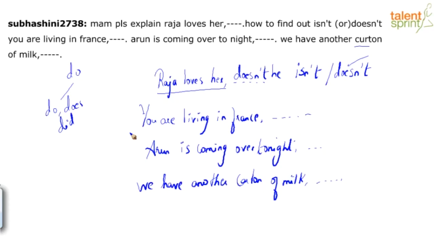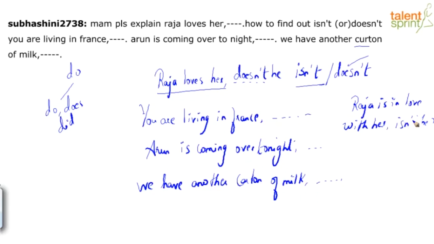Remember that. You are living in France. What should it be here? Anybody? Any try? See, if I have to use isn't for the first one, I would say Raja is in love with her, isn't he? Now it makes sense.